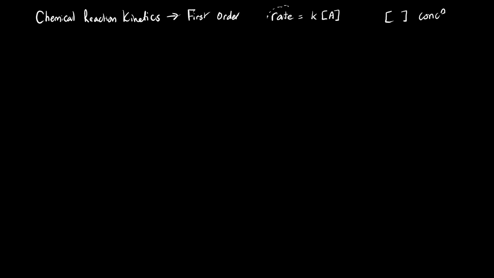Let's think about how we could assign a meaning to this rate. Rate would be dA by dt. And because it's decreasing, the reaction is going to be A going into something. So I'm going to say this is minus k times A, the disappearance of A.